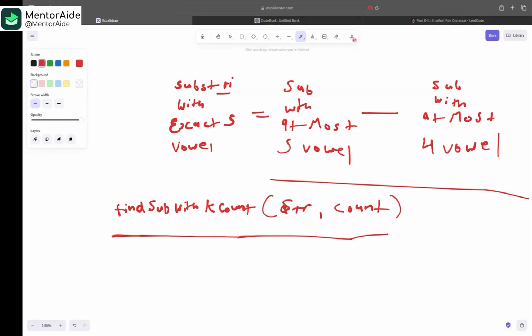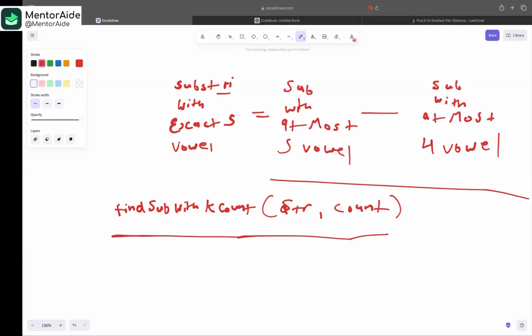Then for the next value, we will take the difference and add the second value and the first value and increment the sum value. The only issue I have with that concept is I know what you're trying to do, you're trying to play with the numbers like a minus b plus b. So at the end we will have something, but how will we make sure that it's the kth smallest? That is the issue.